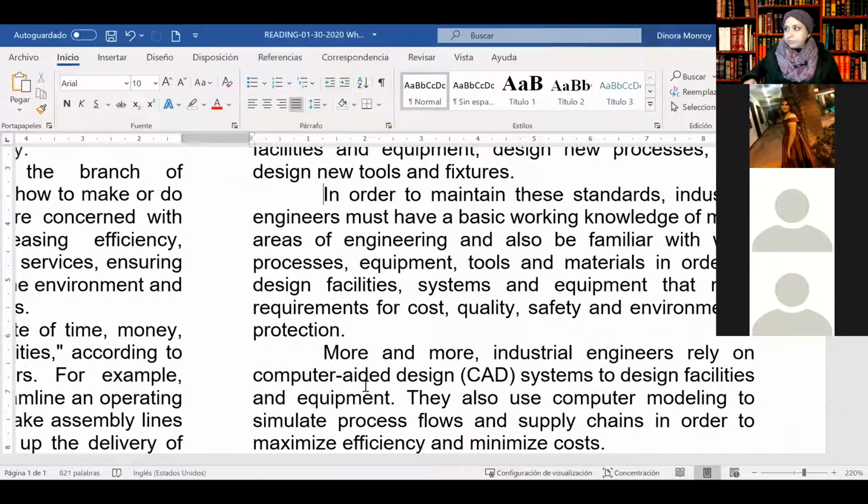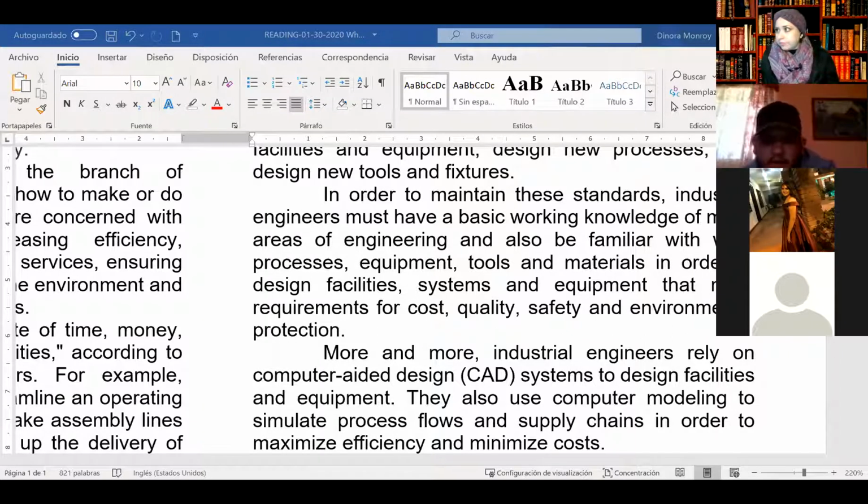Thank you. Next person, please. More and more industrial engineers rely on computer-aided design, CAD, systems to design facilities and equipment.